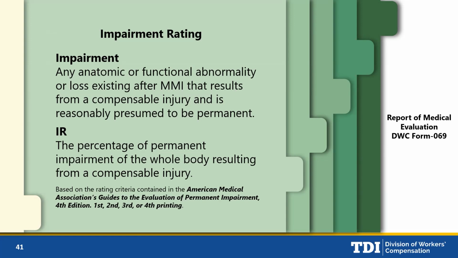So impairment is just that. And the doctor that's specially trained determines the impairment rating. Impairment rating is a percentage. So MMI is a date, impairment rating is a percentage, and that percentage is of the whole body. So they could come up with a 5% impairment rating.